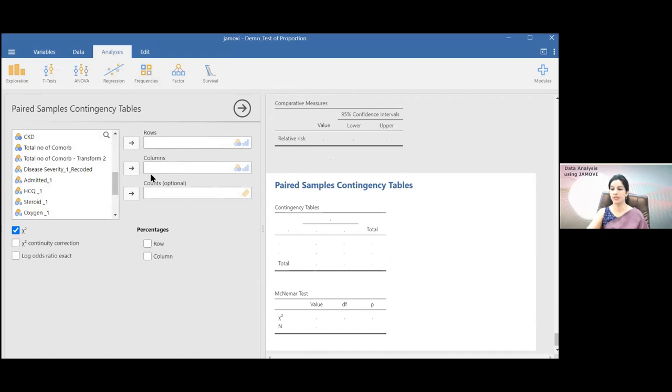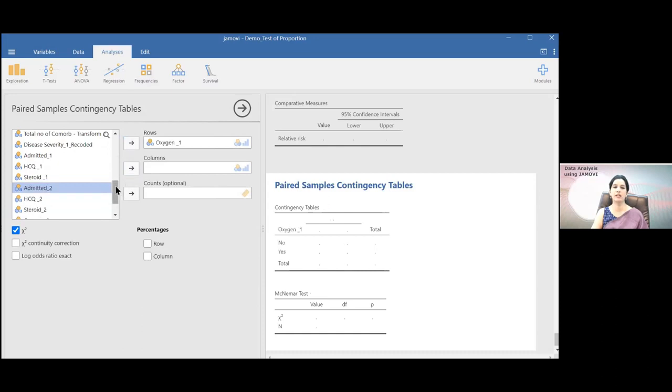Now the question is, I have to see whether there is a significant difference in the oxygen requirement. So oxygen requirement would be my dependent variable. So I am taking this oxygen 1 here. In this case, I'm sorry, I should not have made this statement because there is nothing independent or dependent in this case.